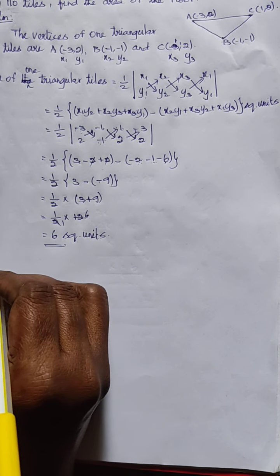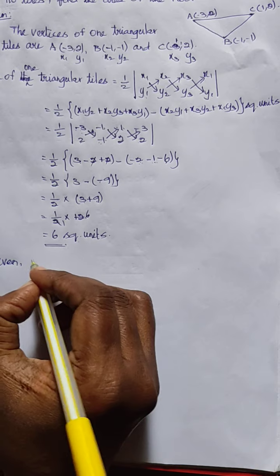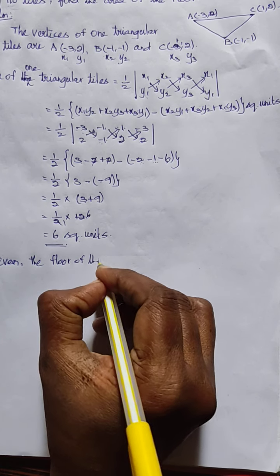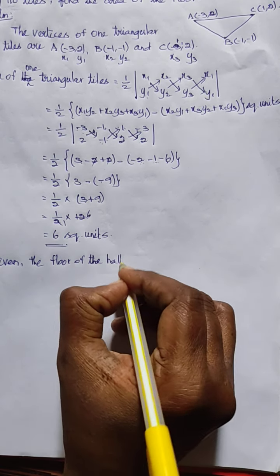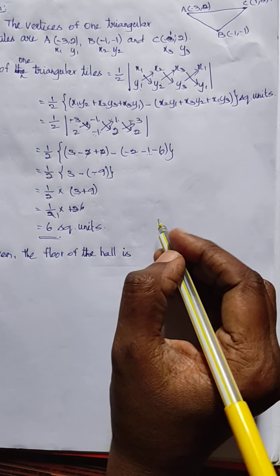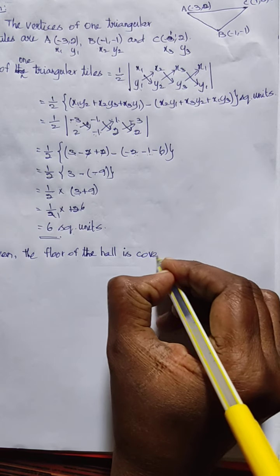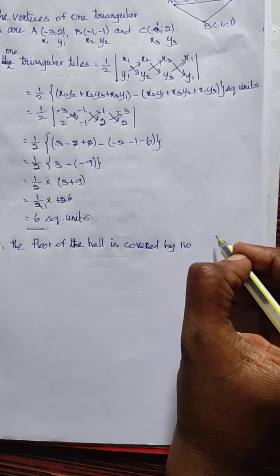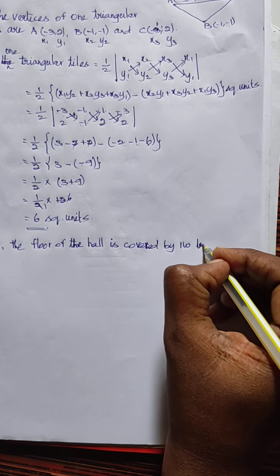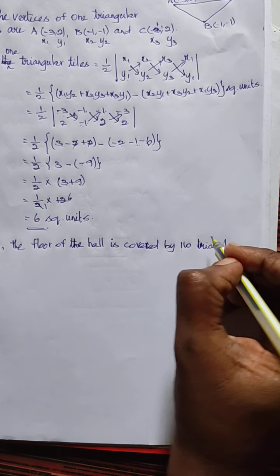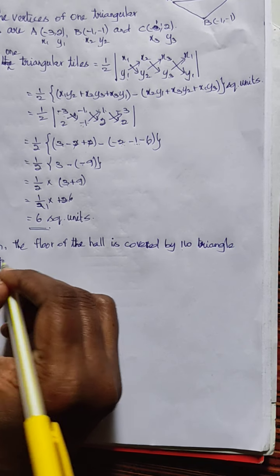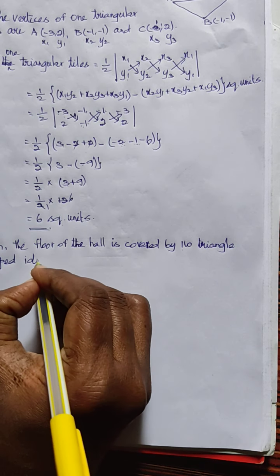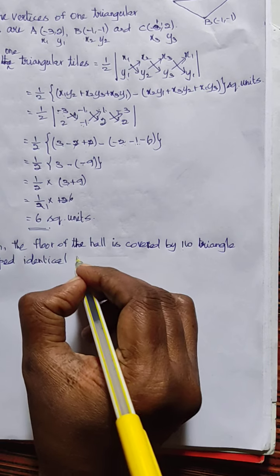So given the floor of the hall is covered by 110 triangular identical tiles. Triangle shaped identical tiles.